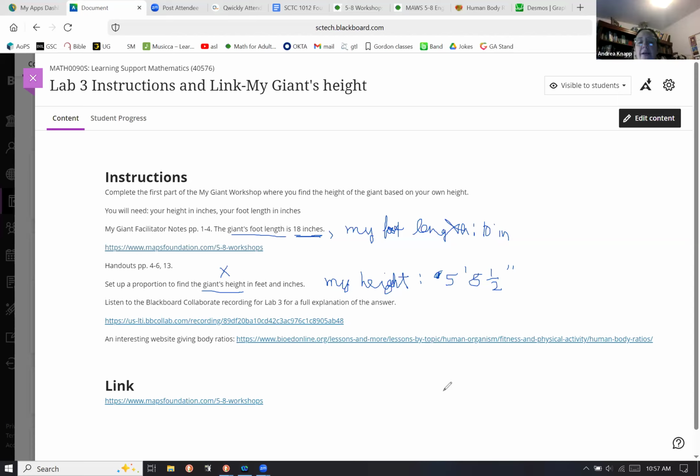So if we have two fractions here set equal to each other, how would you fill in that proportion? The numerator and denominator on each side to solve this problem.